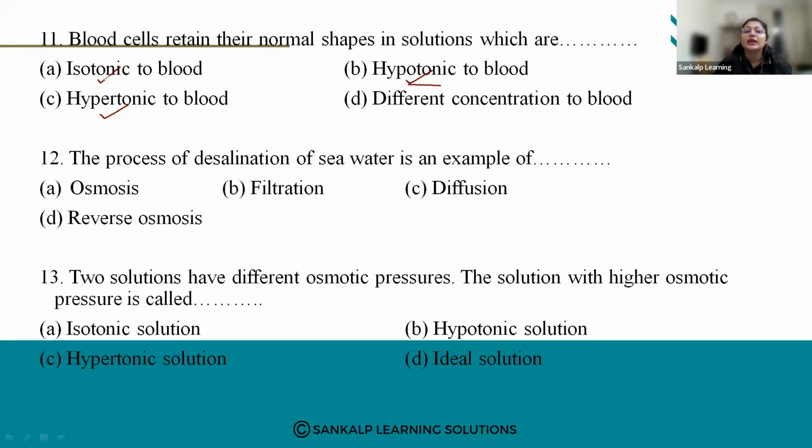And in isotonic, the water concentration inside the cell is the same as outside the cell. Remember these three important conditions. So the answer is A. I hope you have got it.